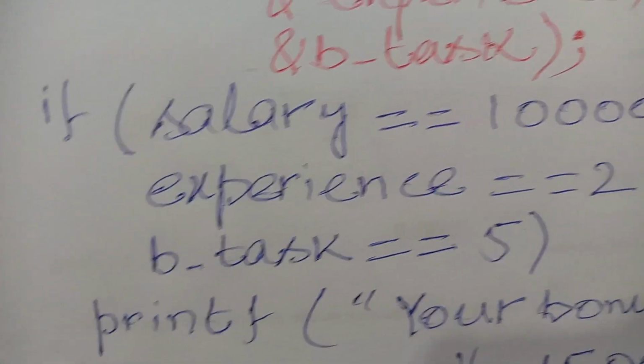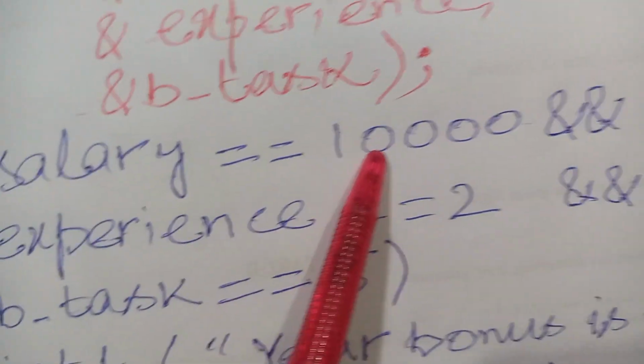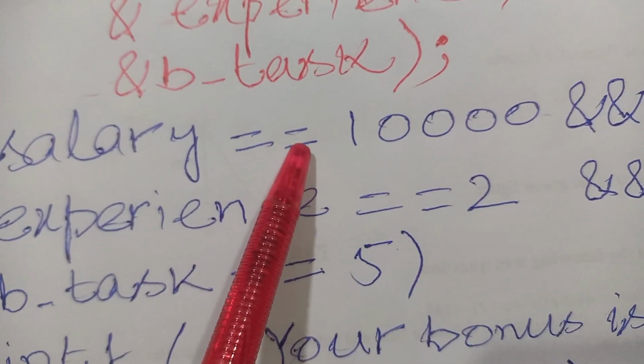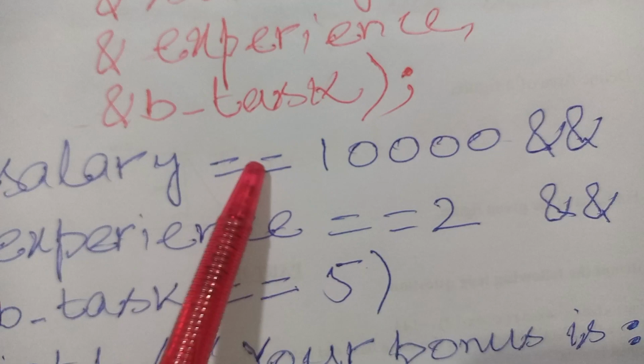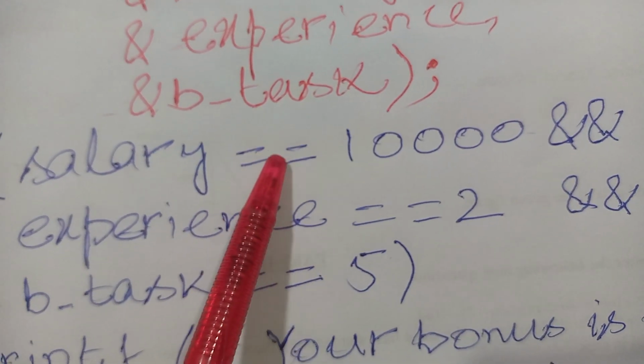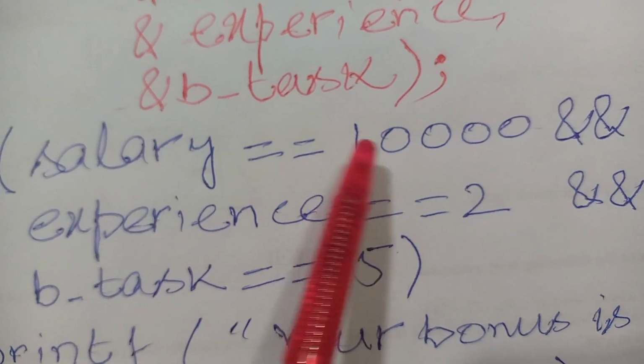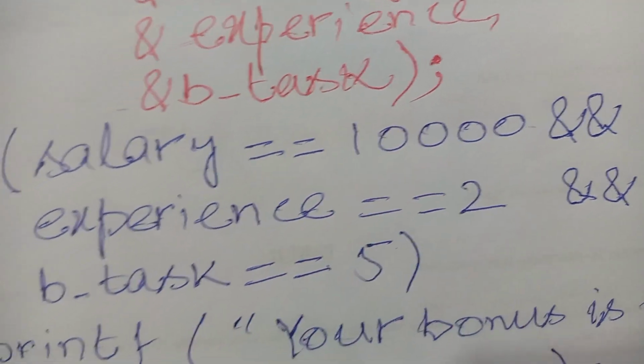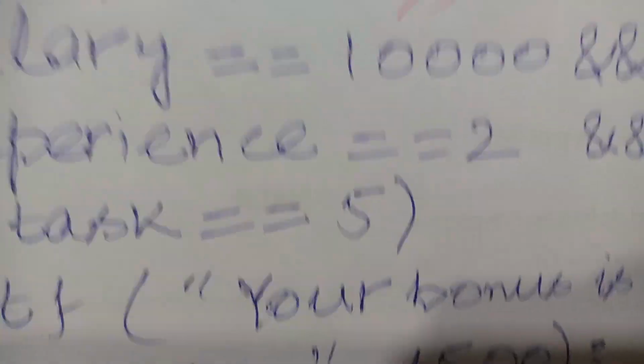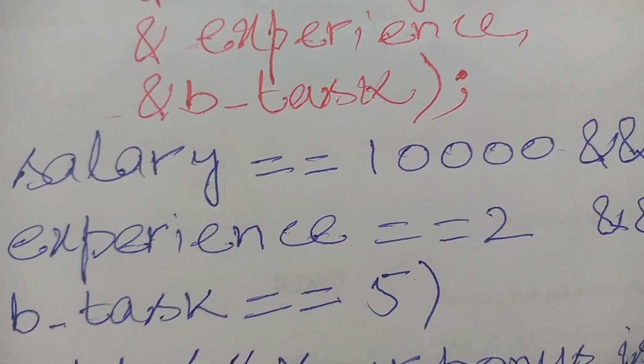So here, as you can see, in the if, salary double equal sign is used to check equality of the variable values on the left hand side with the right hand side.